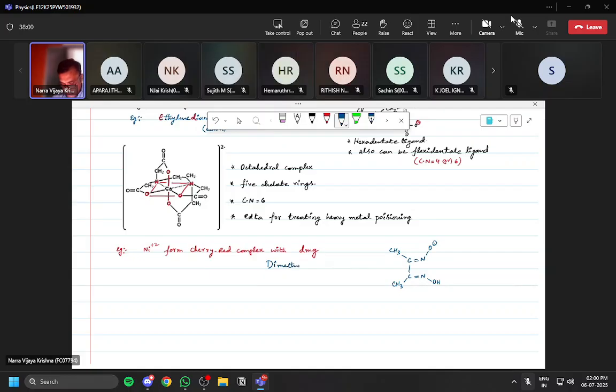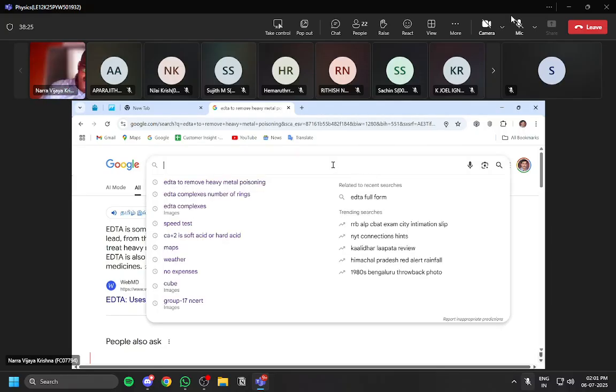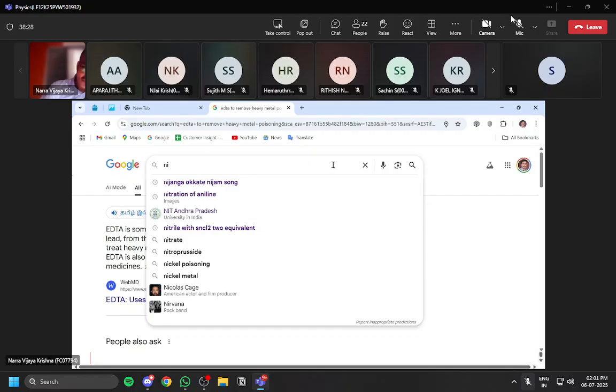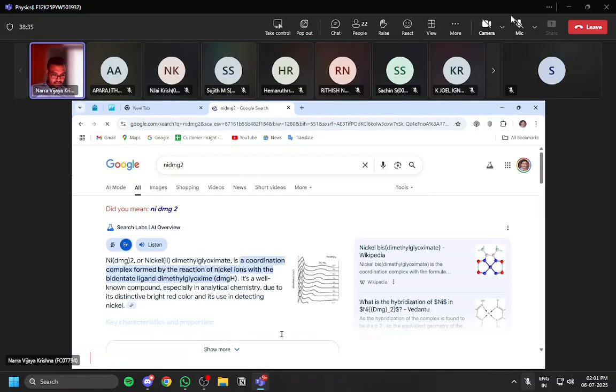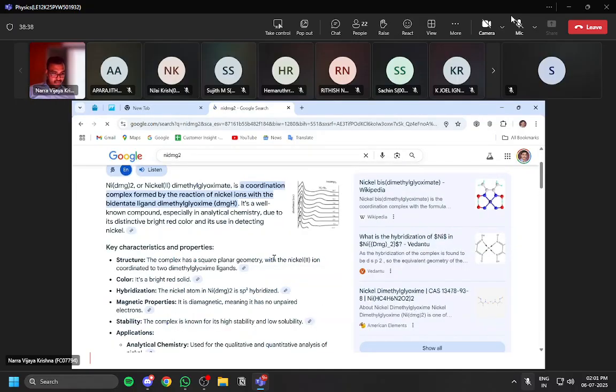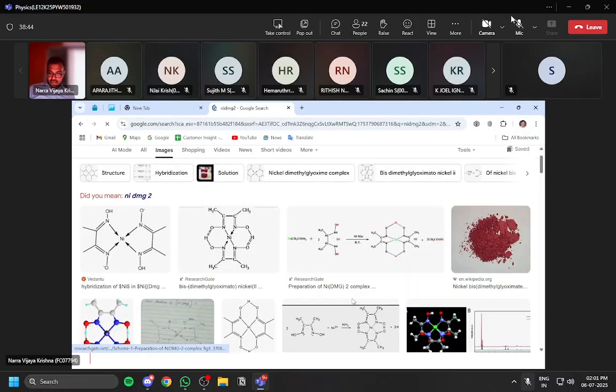Dimethylglyoximato. This is that complex.